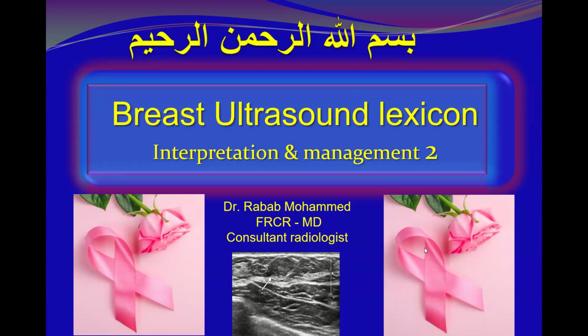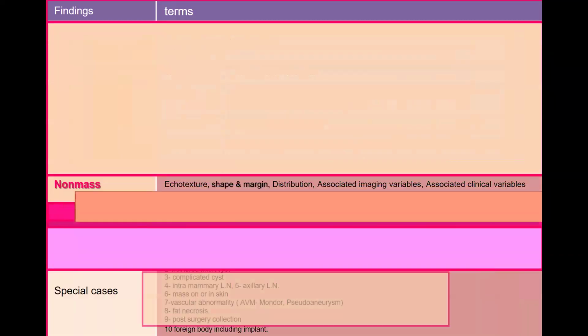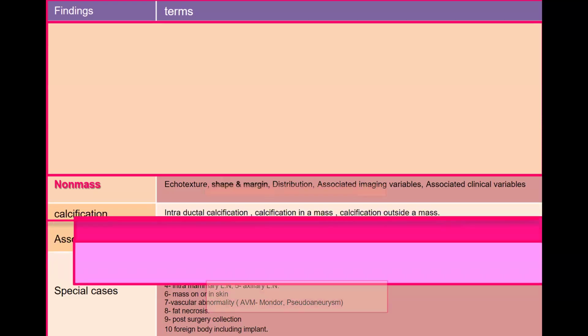The breast composition has also been described earlier. And later, inshallah, we are going to discuss non-mass as a new descriptor and the special cases.